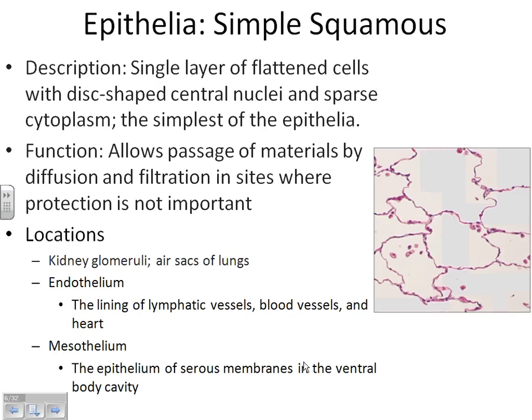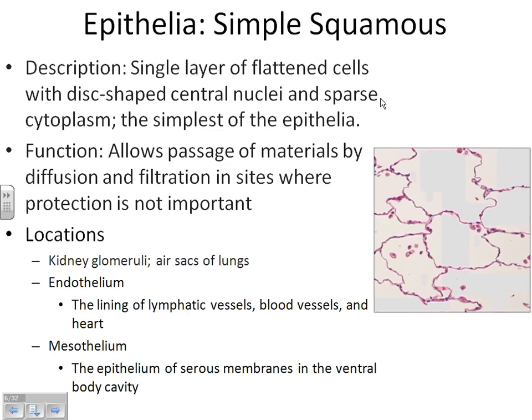So when you breathe in, your air goes all the way down to the bottom of your lungs, and there are these little sacs that look like grapes, and that's what this is a picture of. In lab, I showed you a slide of cheek smears, which means it was simple squamous epithelium that had been flaked off of somebody's cheek, and you were kind of looking at the top of it.